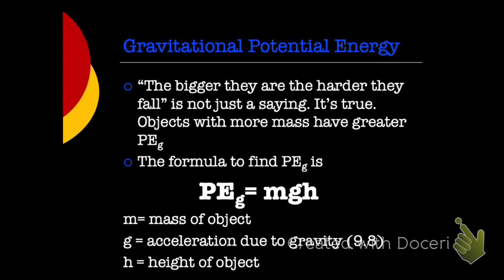So here's our potential energy equation: PE = m times g times h. M is the mass of the object. G is called the acceleration due to gravity. We haven't talked a lot about gravity yet, but it has a value of 9.8. And then h is, of course, the height of the object.